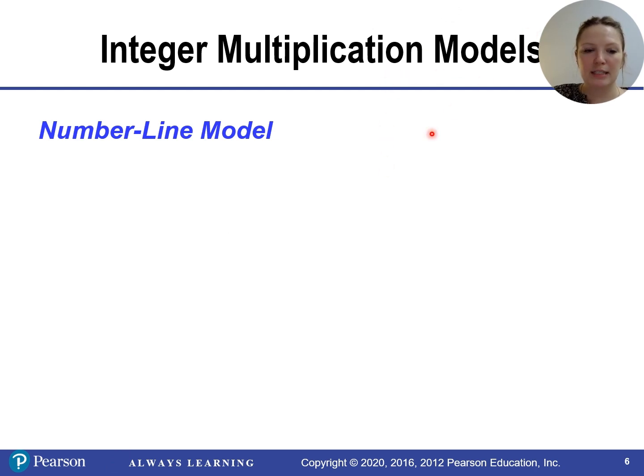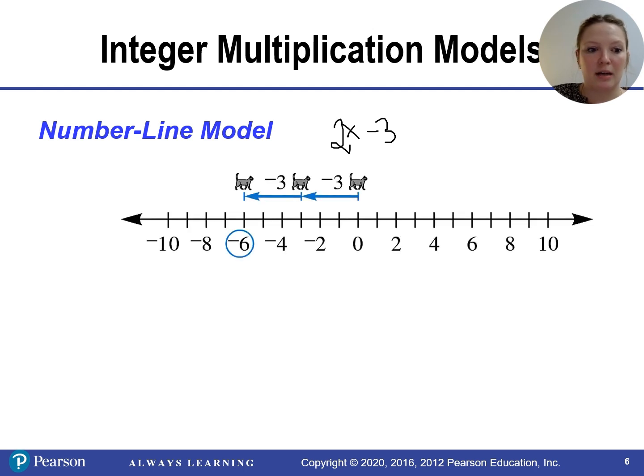All right, so for example, if we wanted to illustrate 2 times -3, 2 groups of -3, then we would take our number line and we would walk backwards 3, that's 1 group of -3, and we would walk backwards another 3 to get to -6.